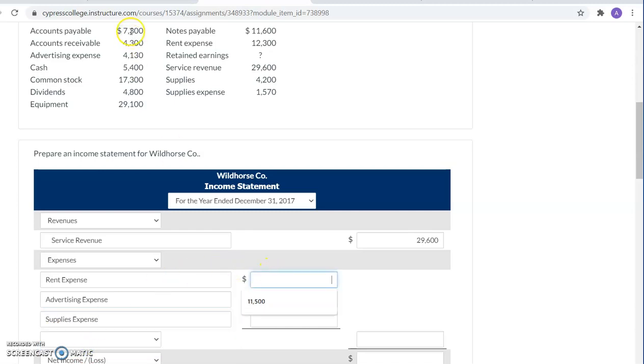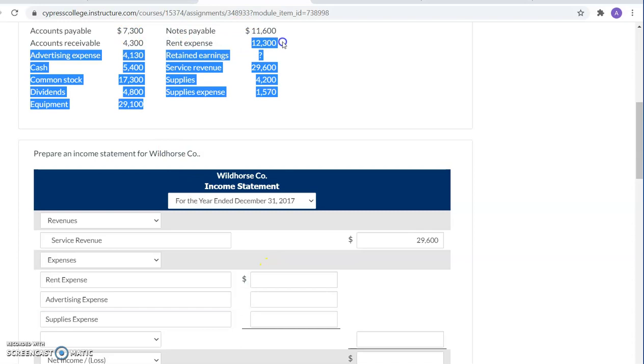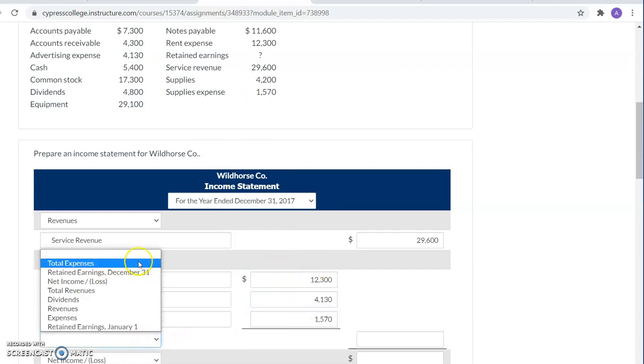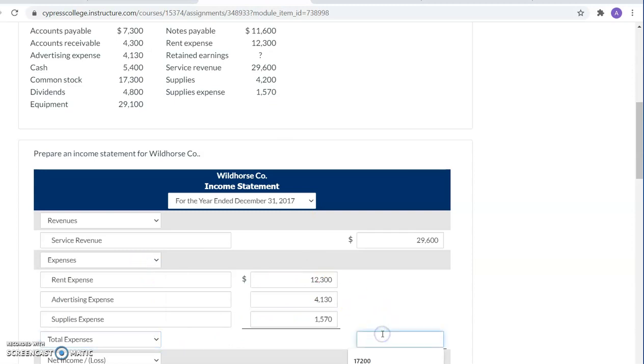So you can go ahead and include the numbers that you have in your problem. And you will then need to have a subtotal for your total expenses. So this is where you're going to take out your calculator and add up all of your expenses together.